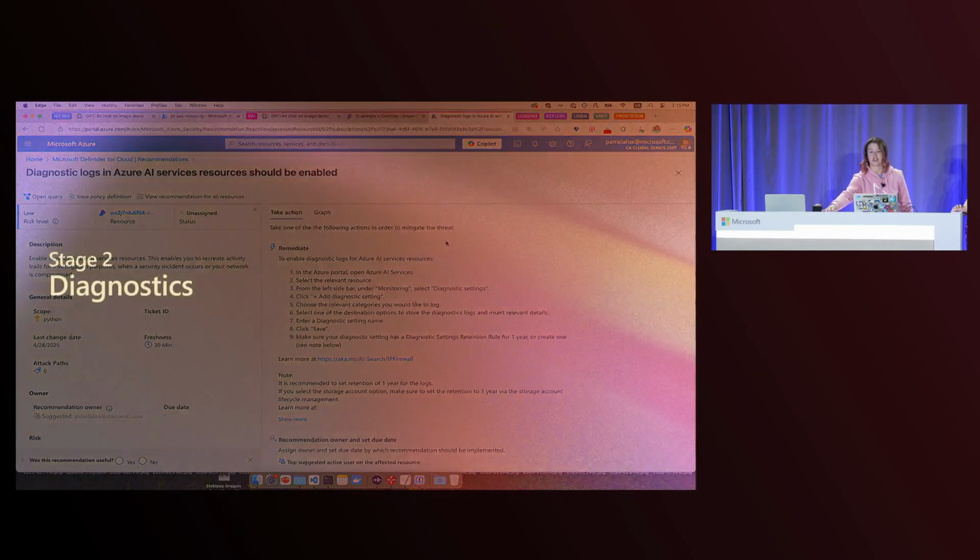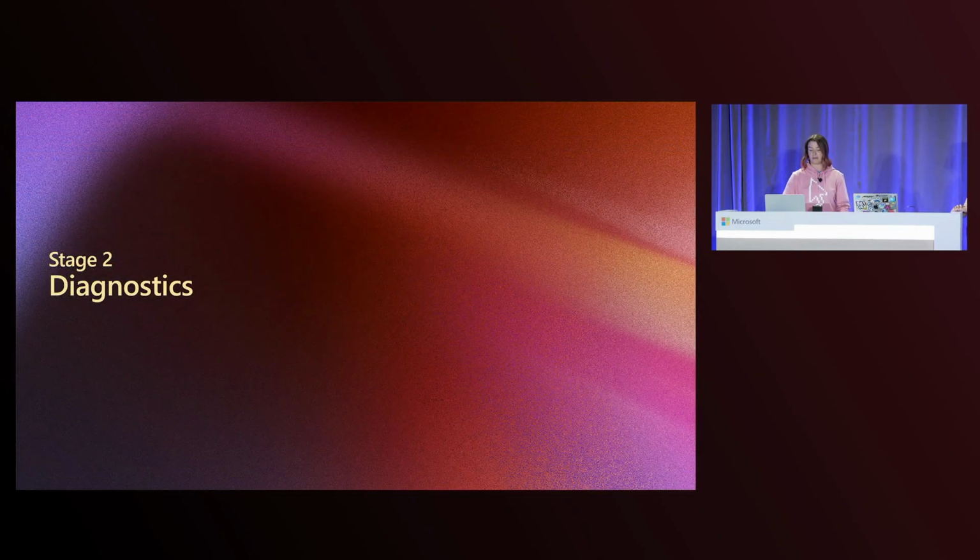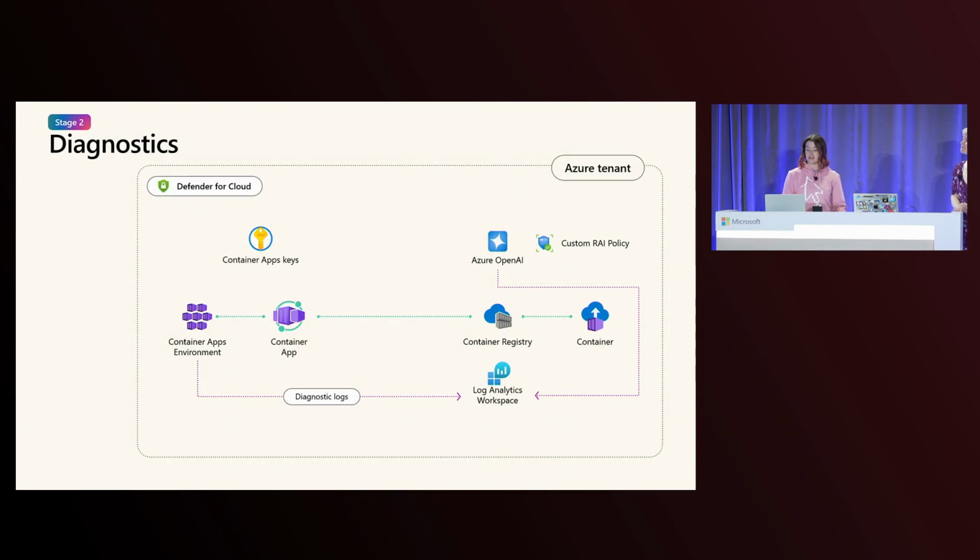We're going to first look at diagnostics. So here's our diagram again. We still haven't added too much to it. The only thing we've added here is a log analytics workspace, and we're sending diagnostic logs from the container apps environment and from Azure OpenAI into this log analytics workspace. As builders and developers, you're probably not going to do too much with these logs after they get into the workspace, I'm going to be honest with you.